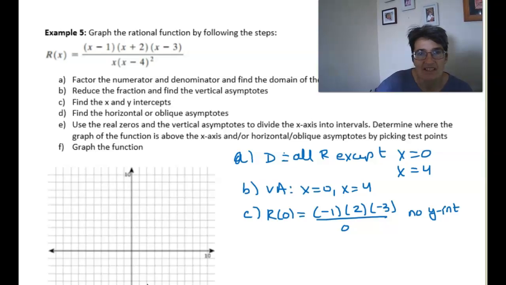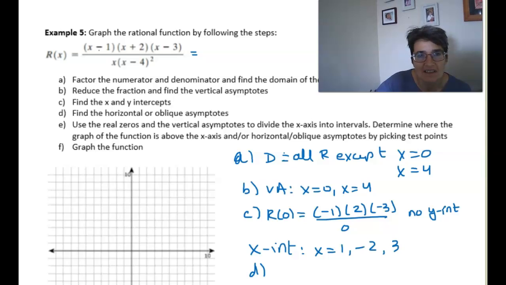If I try to find the x-intercepts, it's going to basically cross the bottom out and figure out when these are 0. So x-intercepts are going to be at x equals 1, at -2, and at 3. Alright, let's see what's happening here. So the power of the top, we're basically looking at the leading coefficients.